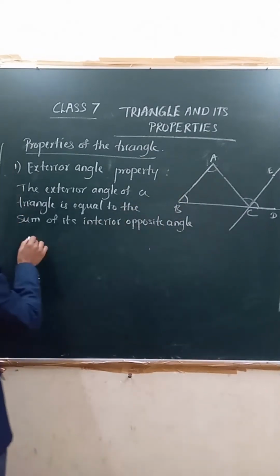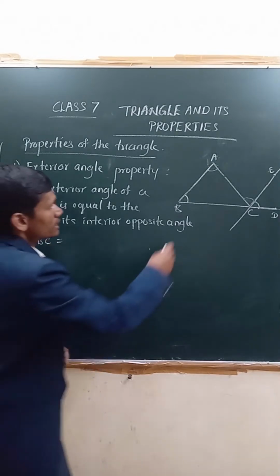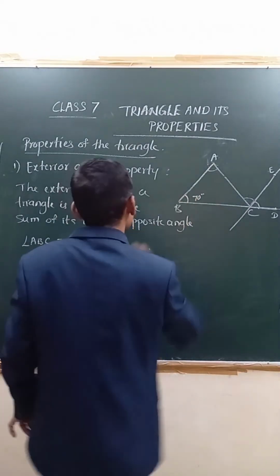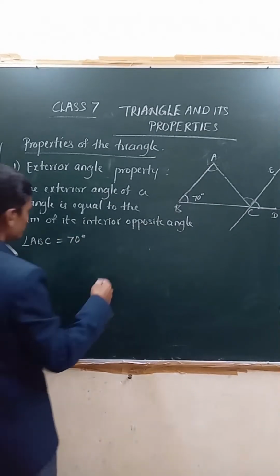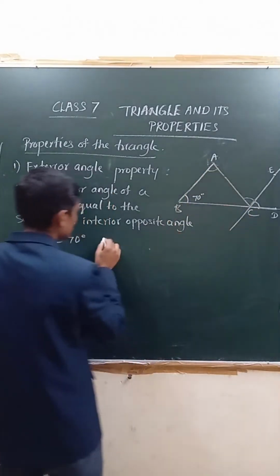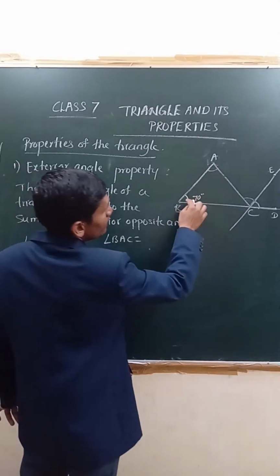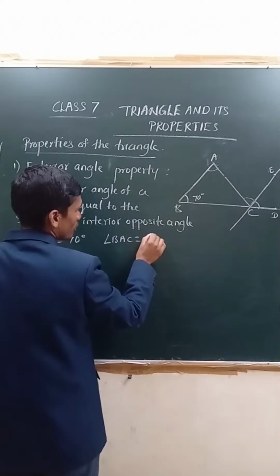Angle ABC, say for example, if it is 60 degree maybe, you measure it, based on what you have drawn you will get angle BAC. Angle BAC, if it is 70 degree, let us take this as 60 degree, no problem.